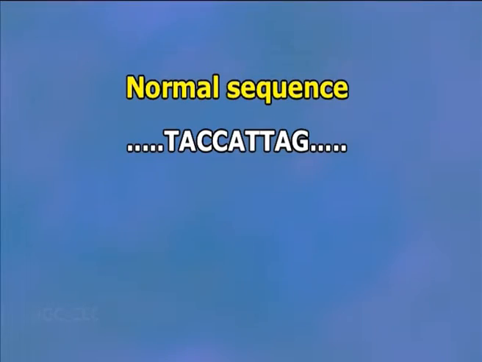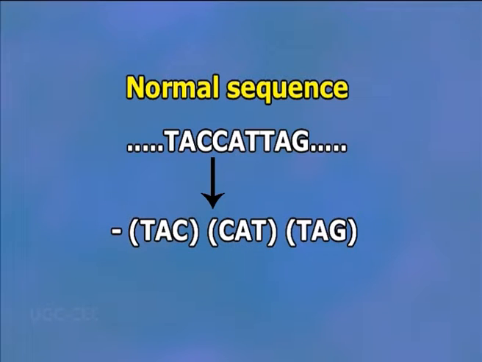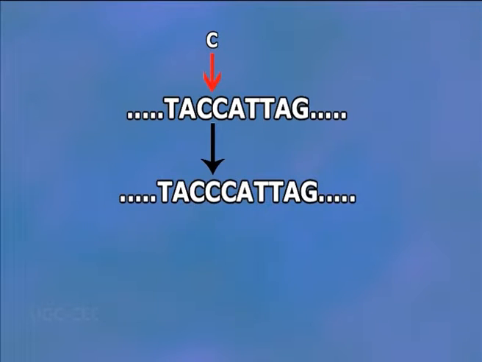For example, number 1, if the normal sequence of nitrogenous bases in DNA is TACCATTAG, it will be read as TAC CAT TAG. Number 2, if a nitrogenous base C is added between the CC nitrogenous bases, the sequence becomes TACCCATTAG.